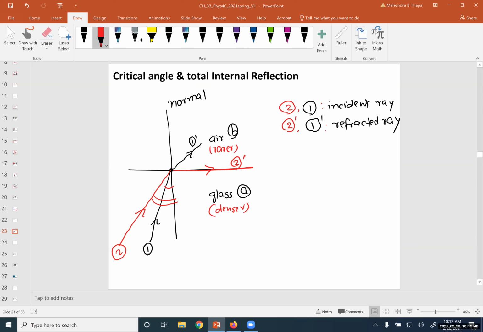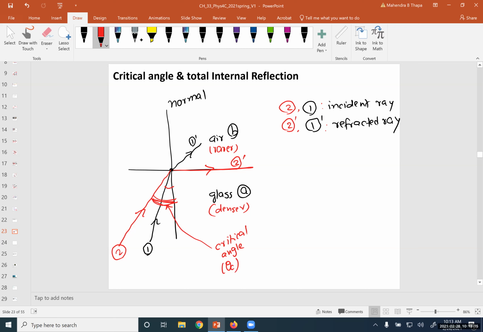When light passes through this separating media, this angle of incidence has a special name. This angle is called the critical angle. Critical angle. Okay, so for this case, say I use the symbol theta c.